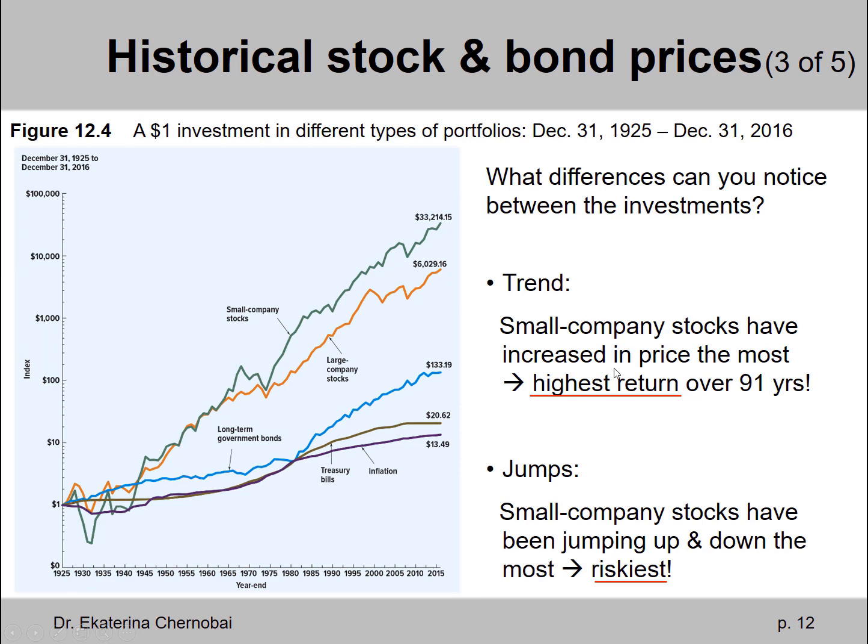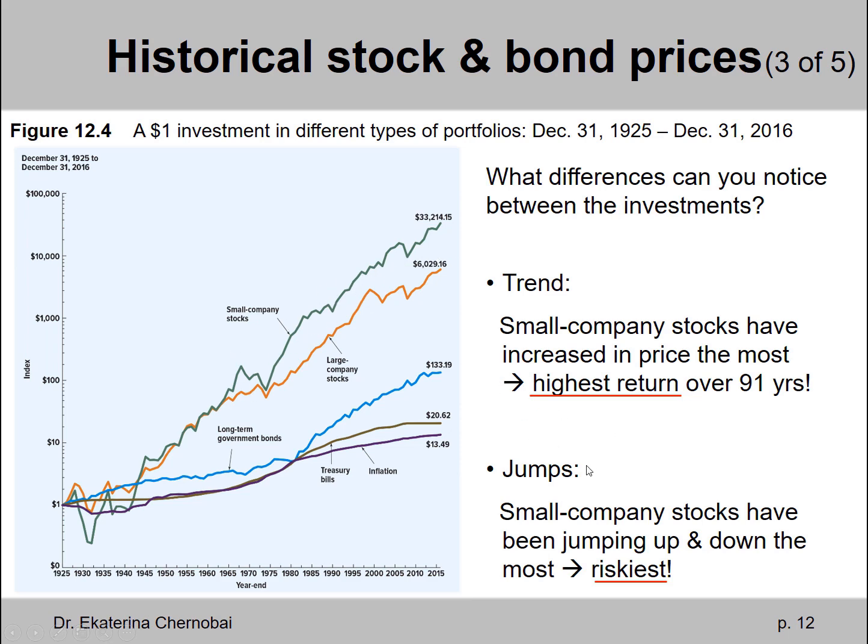But there's a different way to look at this graph. If the question is which investment has been the best, and this is from the point of view of how jumpy the lines are, how much the investment value was fluctuating along the way.